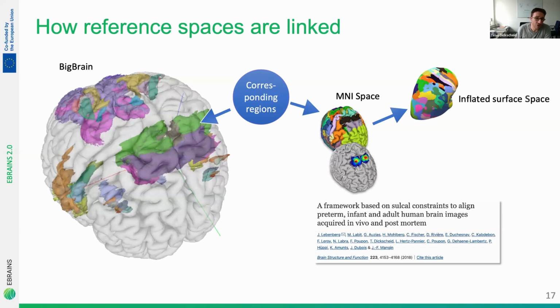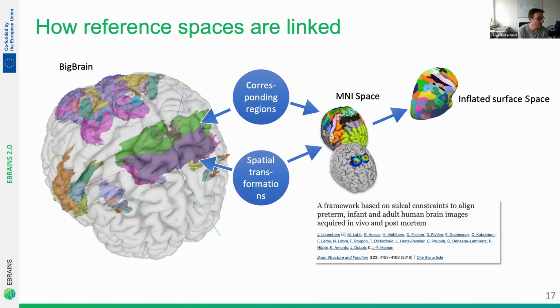There is a second path, of course, which is the more common and maybe the more generic one, which is based on spatial transformations. Of course, we can use image registration procedures to find corresponding coordinates in the different spaces. If you have worked with image registration in human brains, you will know that this is never perfect.